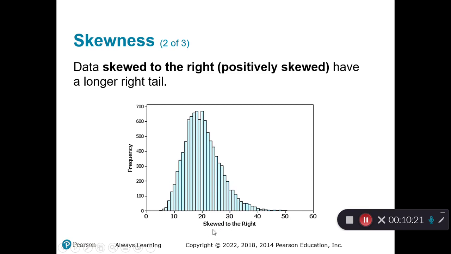We would say that this is skewed to the right. It is equivalent to say that it is positively skewed. Positively skewed means skewed to the right towards those positive values. Again, if we think about the traditional coordinate plane, positive values tend to be on the right, negative values tend to be on the left.